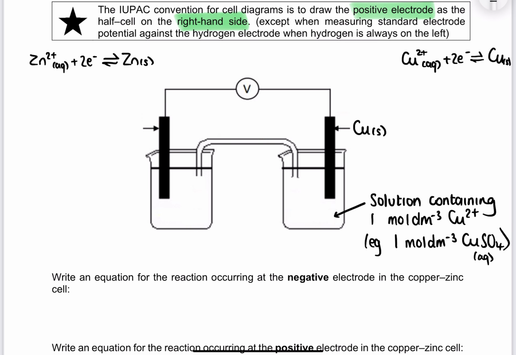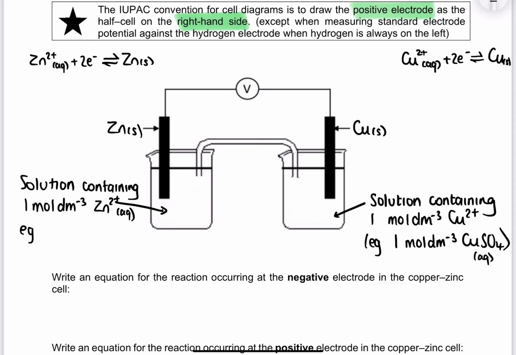Then on the other side, on the left-hand side, we've got the negative. Remember, that was a piece of zinc solid, and that was a solution containing 1 mole per decimeter cubed Zn2+, e.g. 1 mole per decimeter cubed zinc nitrate solution.